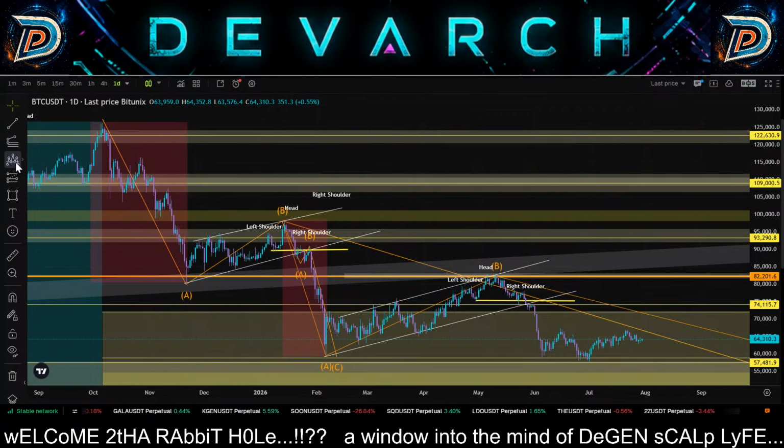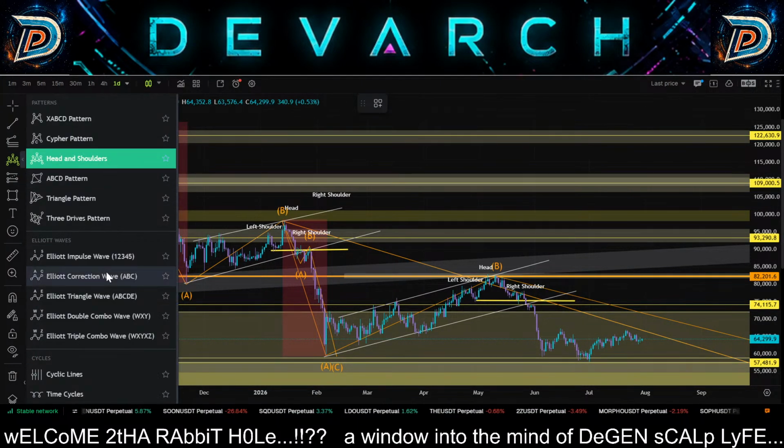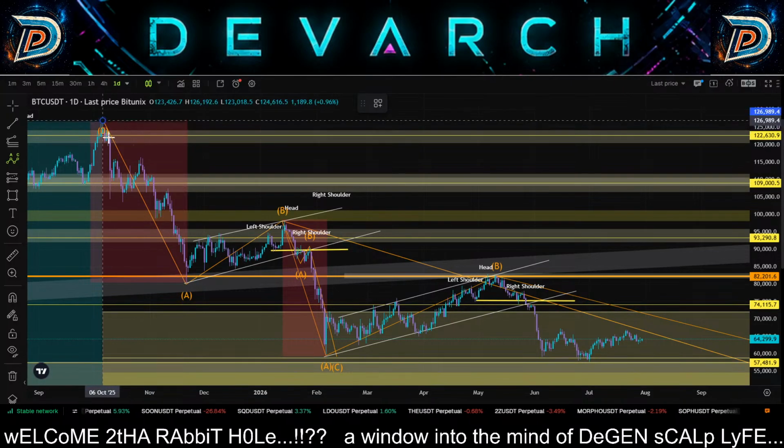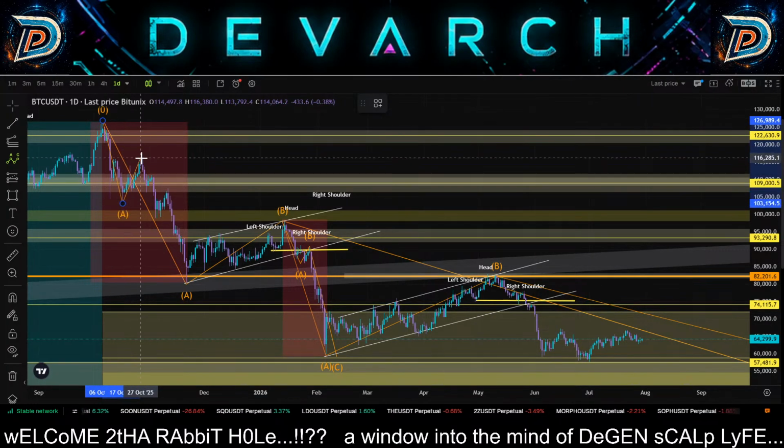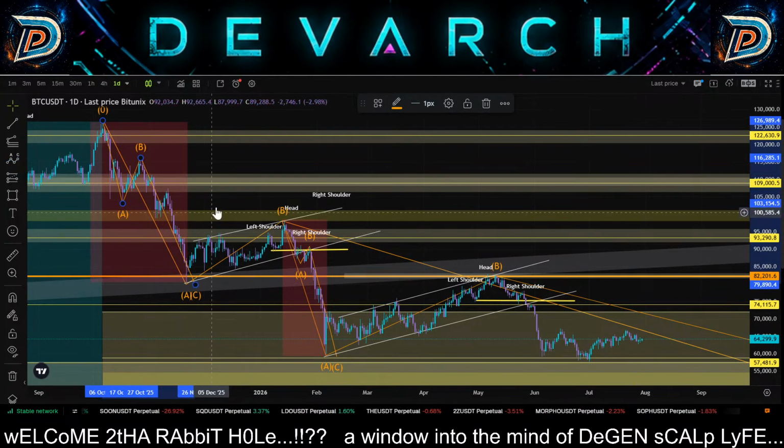And you can see here that there's the A wave. The A is way up here, so you can't really call this bottom an inverse head and shoulders. And when there is no inverse head and shoulders bottom, that usually means that the corrective wave is going to extend further.